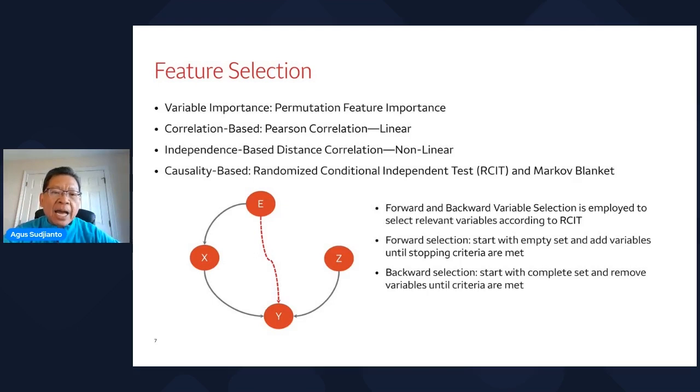Feature selection in PiML, I would like to highlight a little bit. It has the correlation base, the traditional feature importance, but also a causality base. If you need to choose features that are causal, PiML has conditional independence tests using Markov blanket search, for variables that really impact the Y, the response, directly, instead of variables that impact other variables.